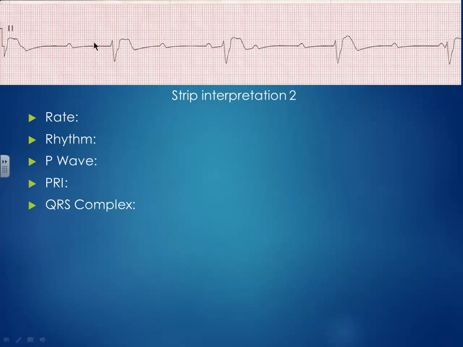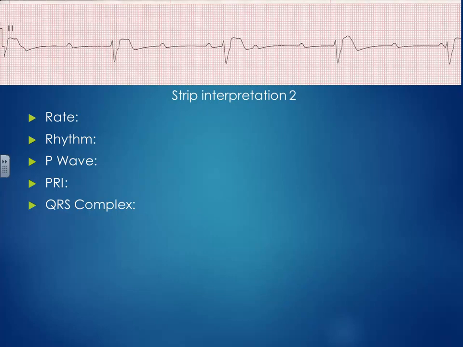So 35, 40. All right. 1, 2, 3, 4, 5, 6. So we're looking at about a 60 atrial rate and probably I wouldn't. This complex right here is not in your 6 second strip. It's right here and right here. So I would probably say 25 to 30.